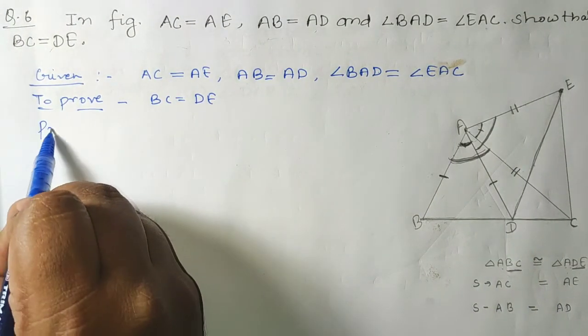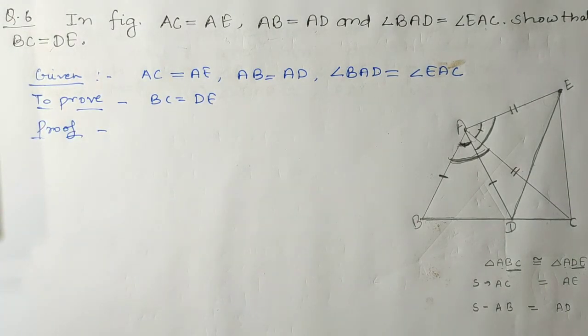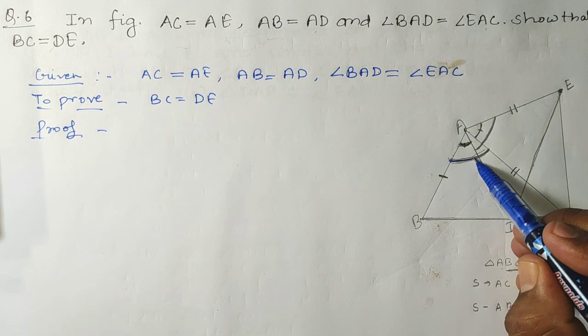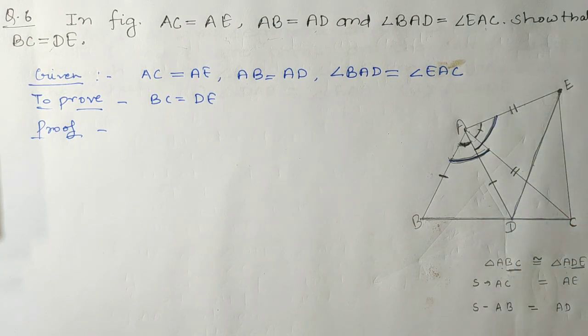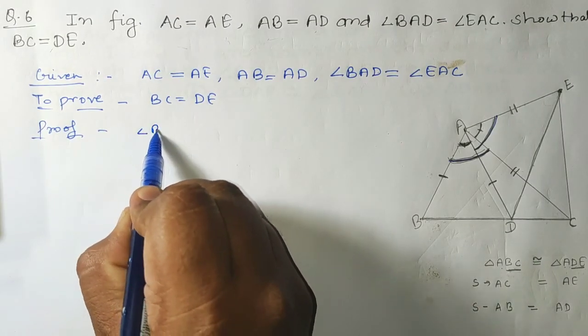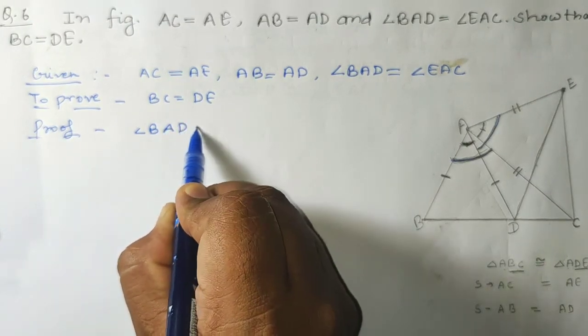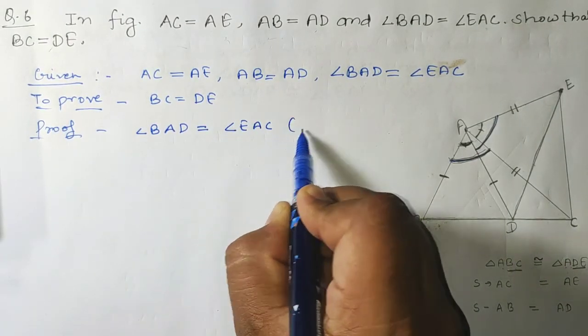Okay, so in the proof part, firstly students, our aim is to make this whole angle equal to this whole angle. How will we make it? Let us see. See students, it is given that angle BAD is equal to angle EAC.